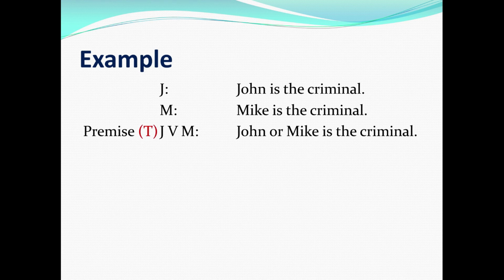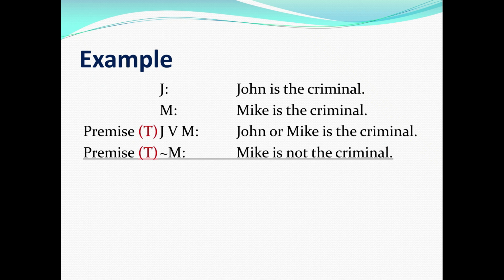So what could be the possible outcomes here? Well, let's say that detectives discover that Mike is not the criminal. How can we write this in logic? We can simply write it as not M, okay?